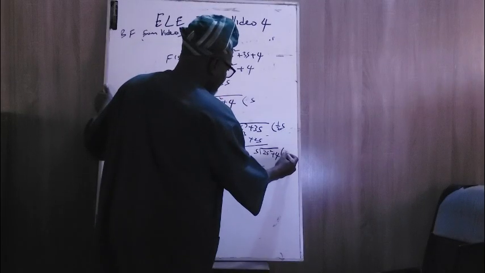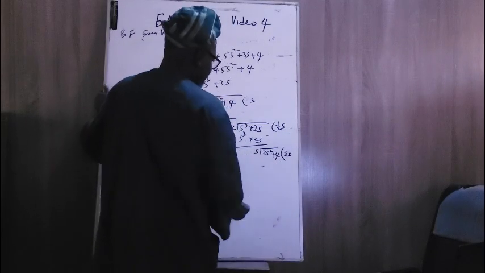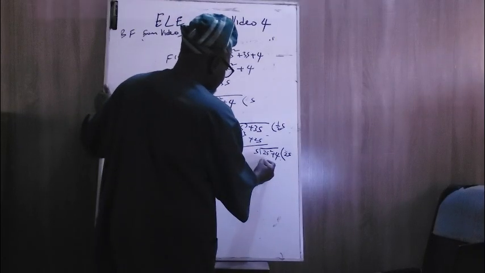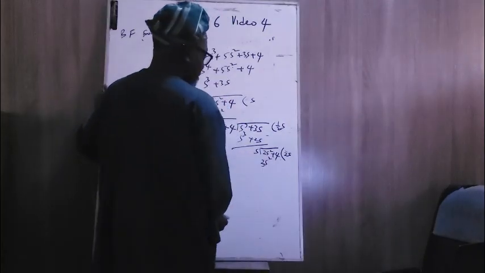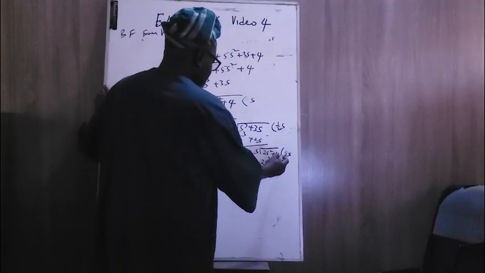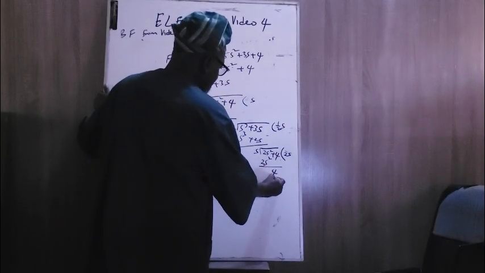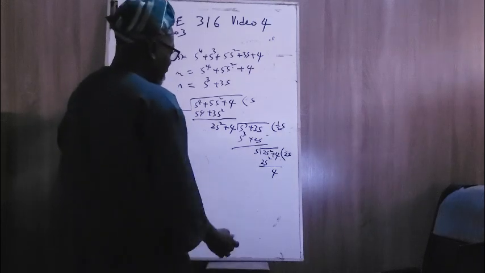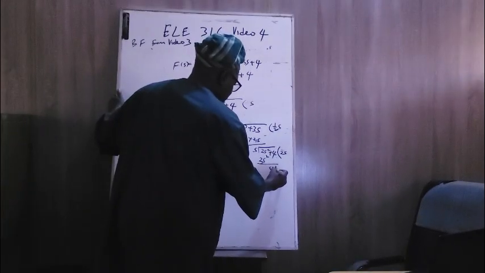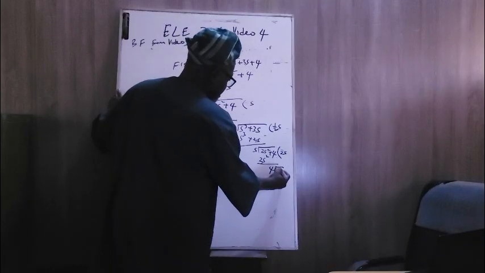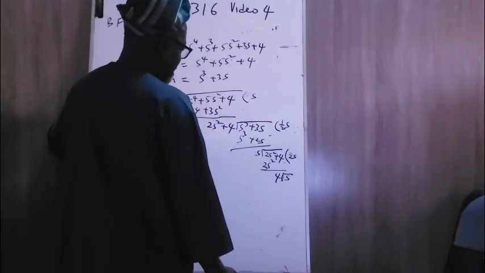We are going to have 2s. 2s times this, that gives us what? 2s squared. When we subtract, we are going to have 4. When we have 4, we are going to bring the former divisor to this place, which is s.